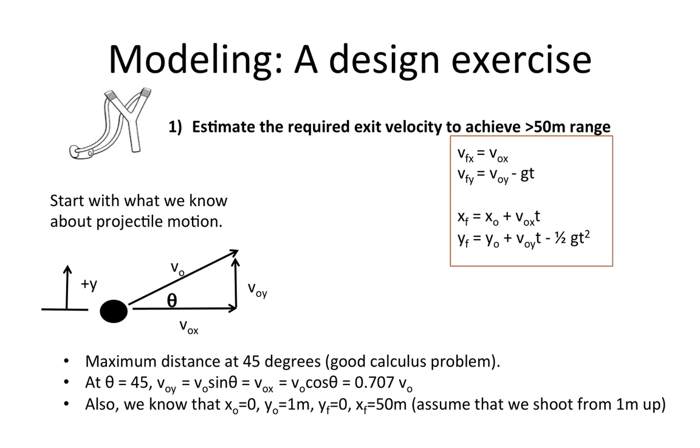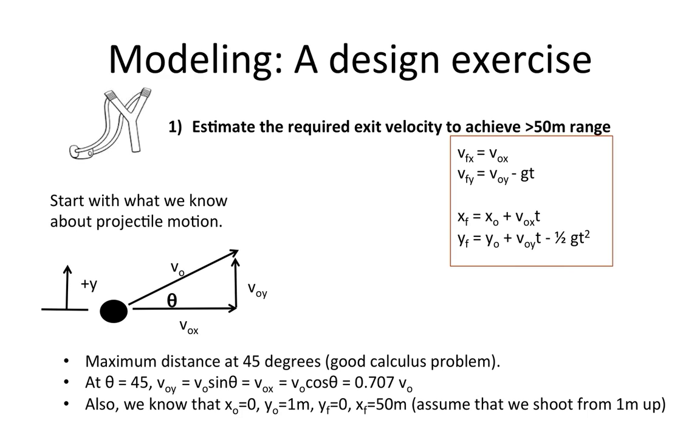So at 45 degrees, the initial velocity in the y is the initial velocity times the sine of theta, and the initial velocity in the x is the initial velocity times the cosine of theta. And if theta is equal to 45 degrees, the initial x velocity and the initial y velocity are 0.707 times v0. That simplifies those two equations up top.